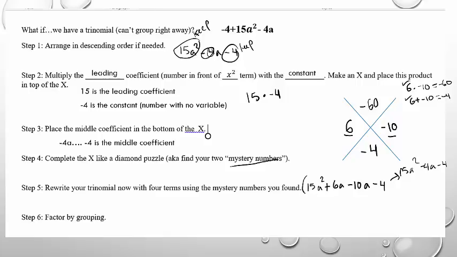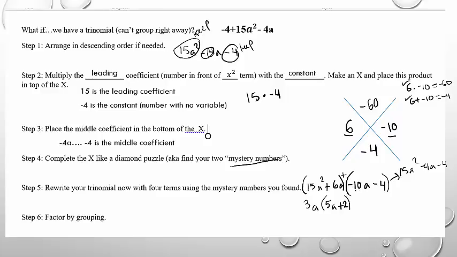So we're going to group. And again, include the negative with a 10 and just simply put a plus sign to separate the parentheses. From 15 and 6, you can factor out a 3. You can also factor out an a. And that leaves you with 5a plus 2.